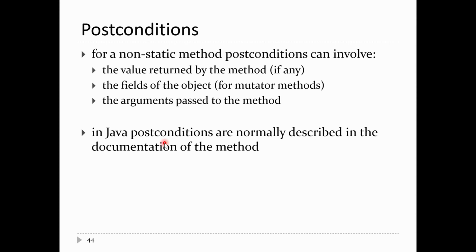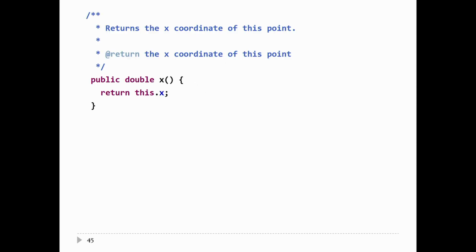So in Java, your postconditions are normally described in the documentation of the method in a few places. So here we have the method x. This method promises to return the x coordinate of this point. That's its postcondition. If your method returns a value, the postcondition is typically documented in the @return tag.